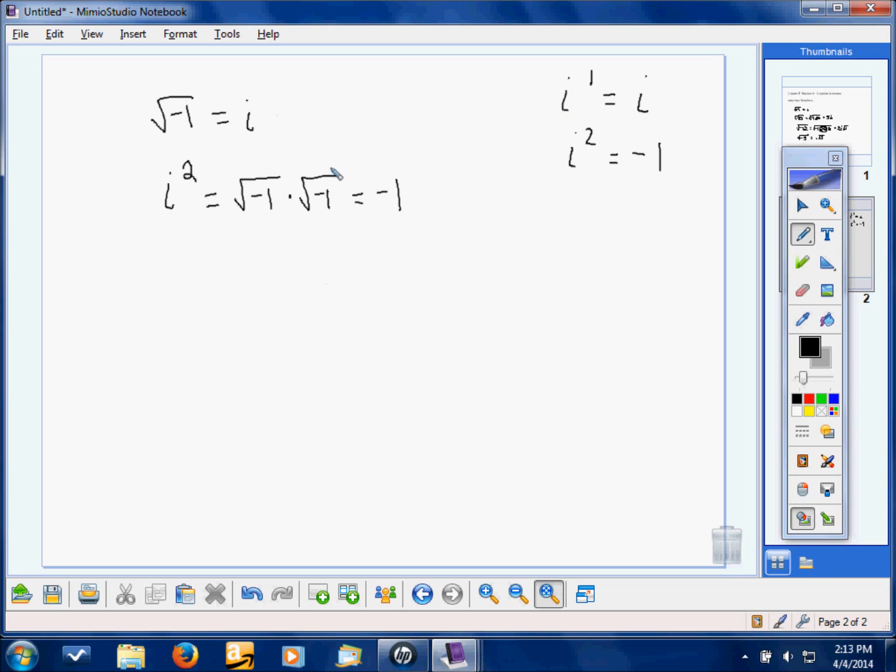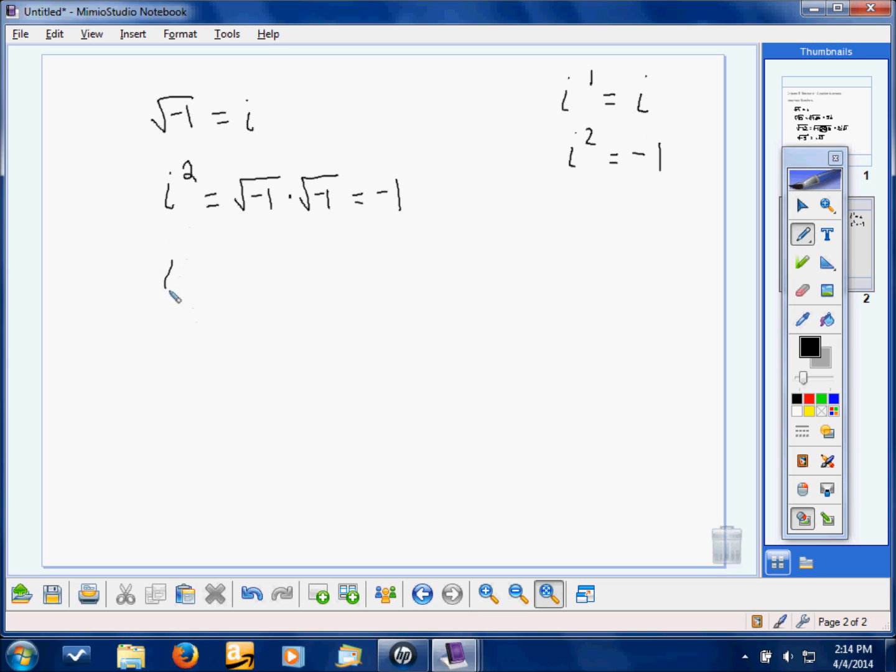You're not going to do this work every time. I'm showing you where these different equivalents come from. You need to make sure it's in your notes somewhere where you can see it all the time when doing any of these type of problems, because it's that important. So I to the 1st power, or just I, is I. I squared is negative 1.